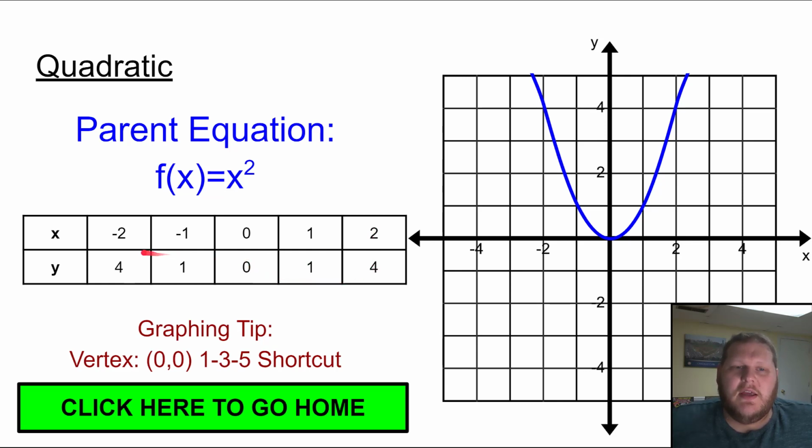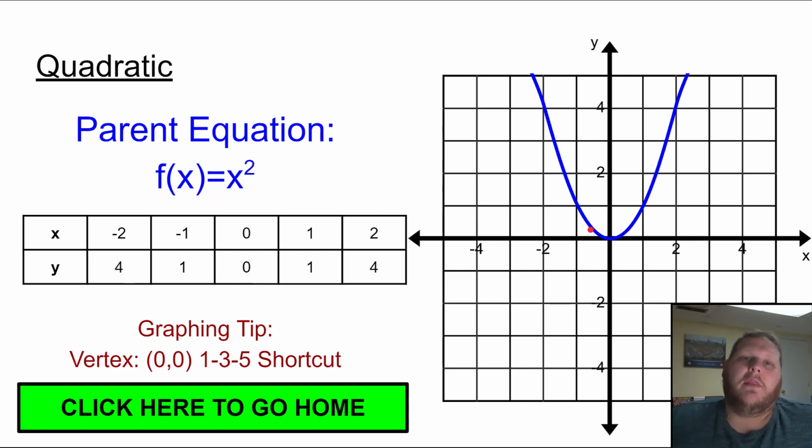So if I plotted these points, 0, 0 would be right here, 1, 1 would be here, negative 1, positive 1 is here, and then negative 2, comma 4, positive 2, comma 4 gives me those points.